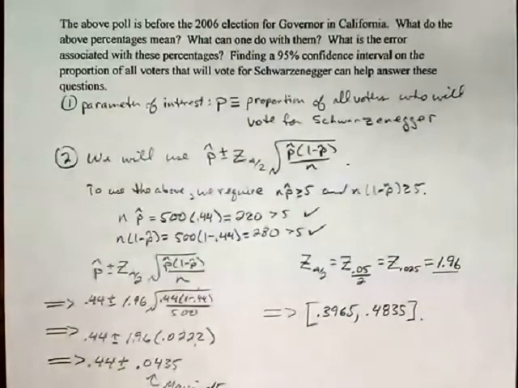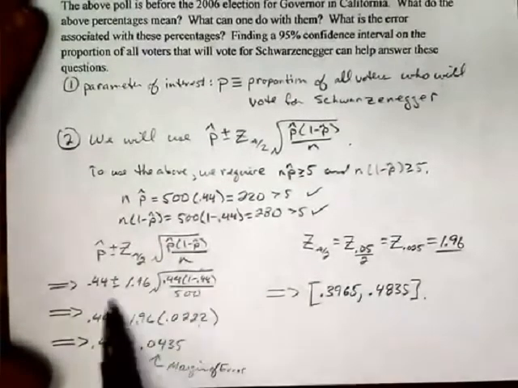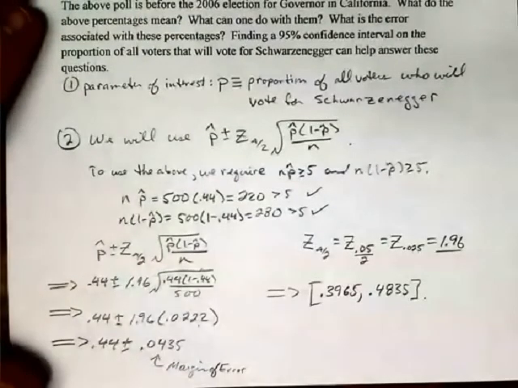Political pollsters are constantly using this sort of thing to try to understand how people feel about a particular population attribute, as your book says. Do people favor this candidate over another candidate? Do they favor this proposition over another proposition? And this poll data, in conjunction with this statistical method, helps them answer those kinds of questions.